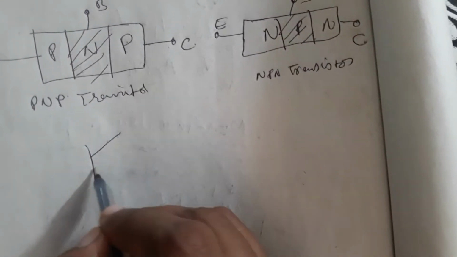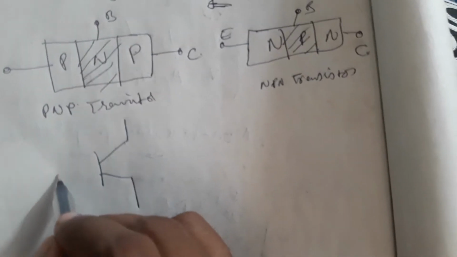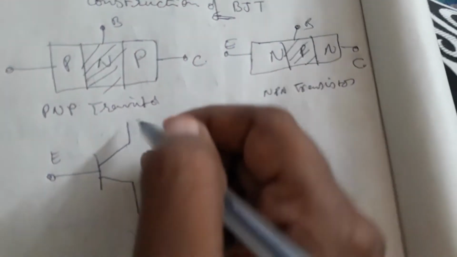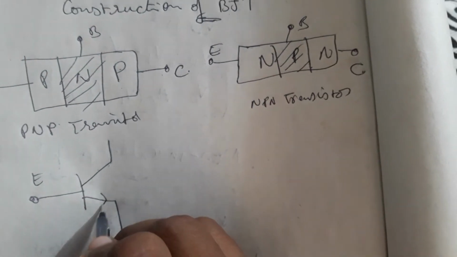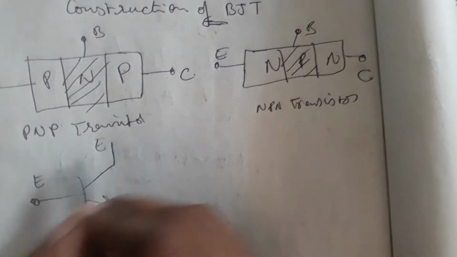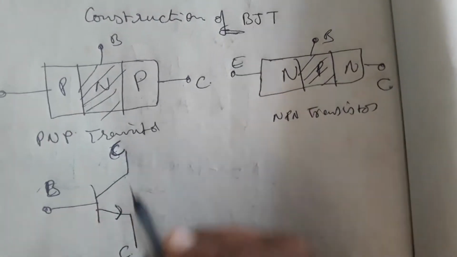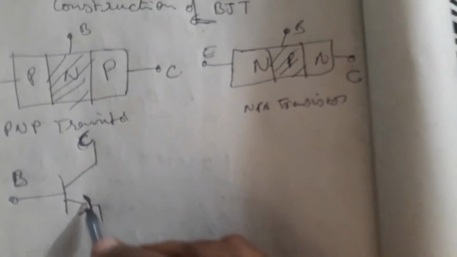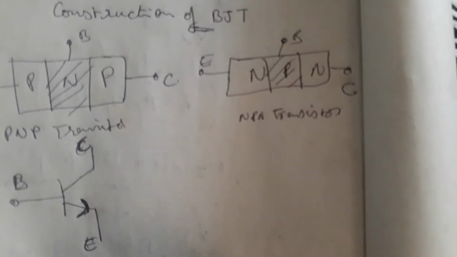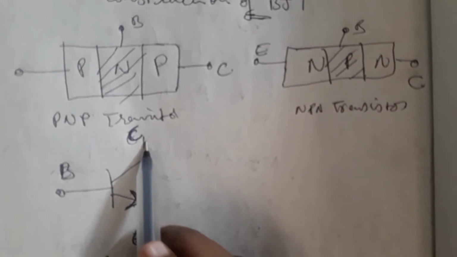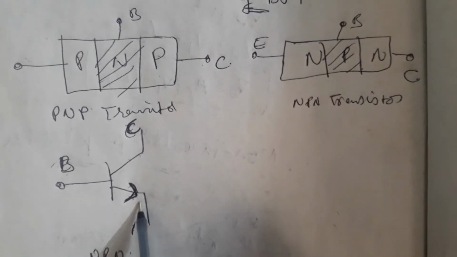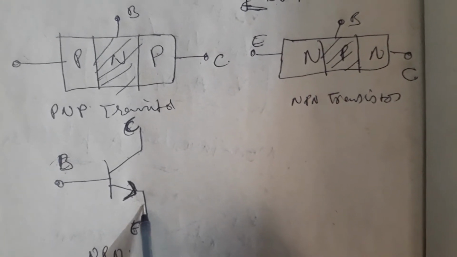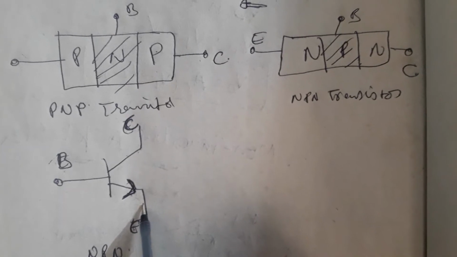This is the NPN transistor: emitter, base and collector.